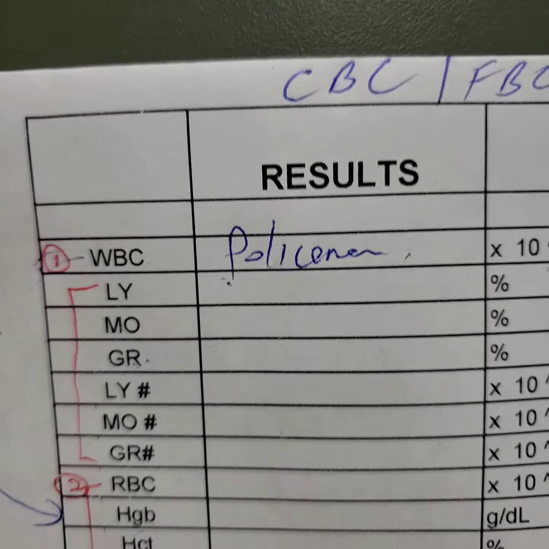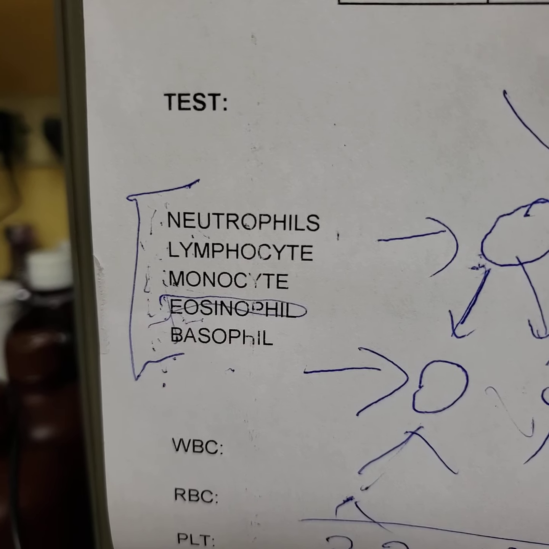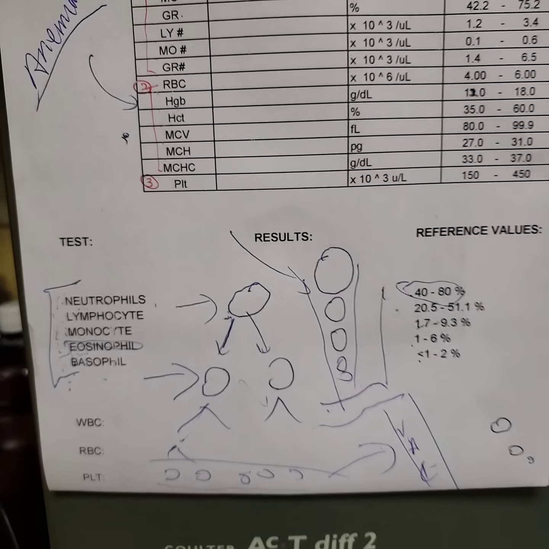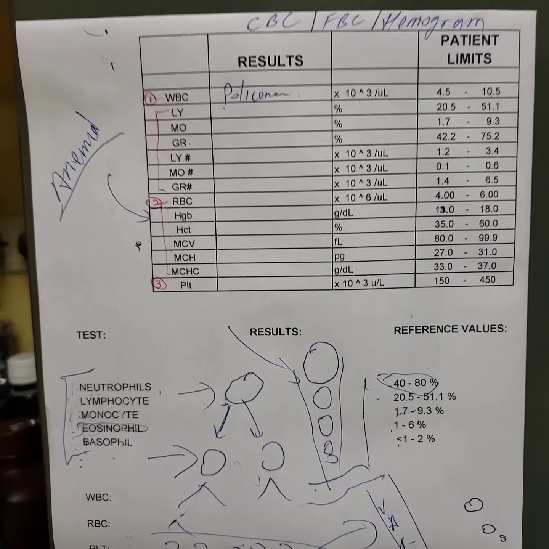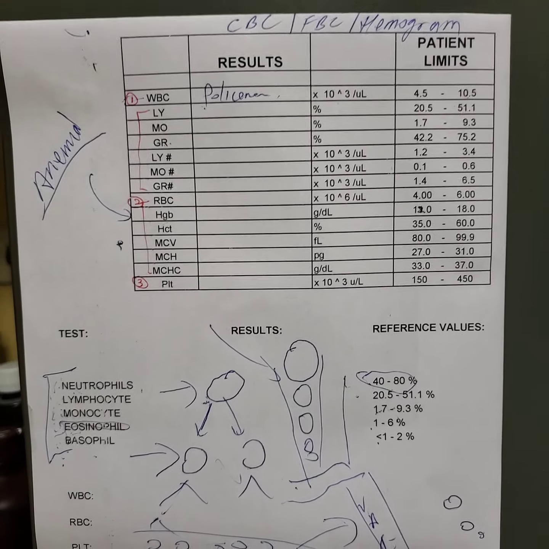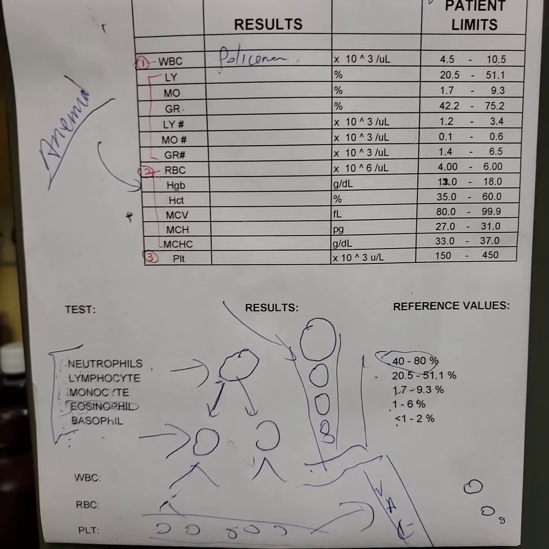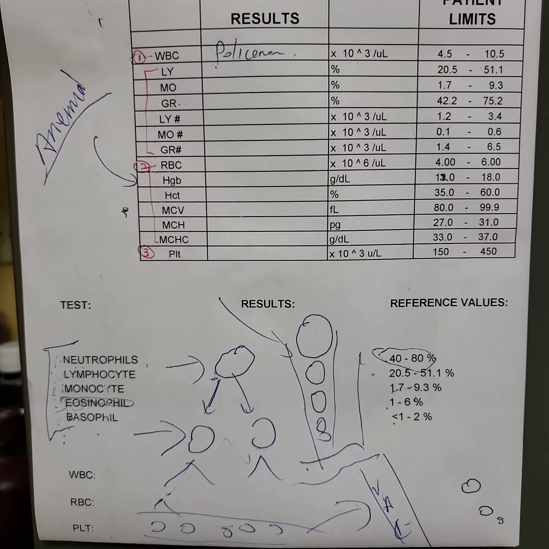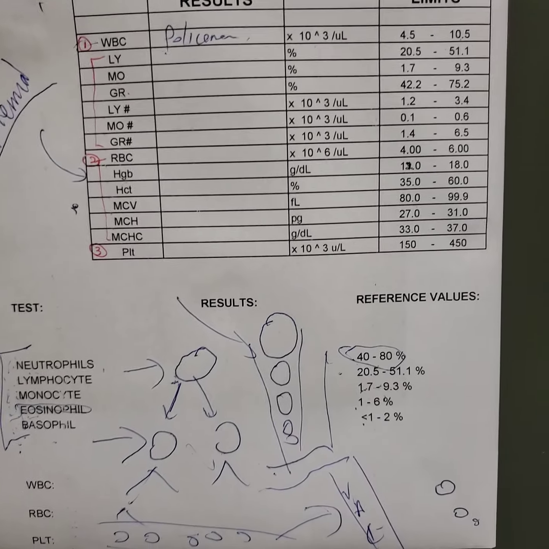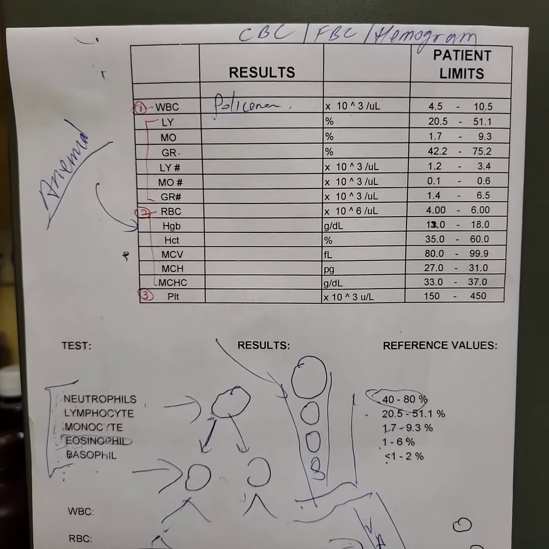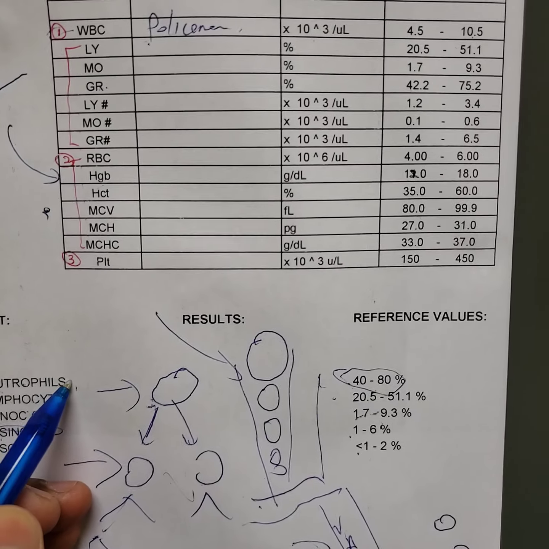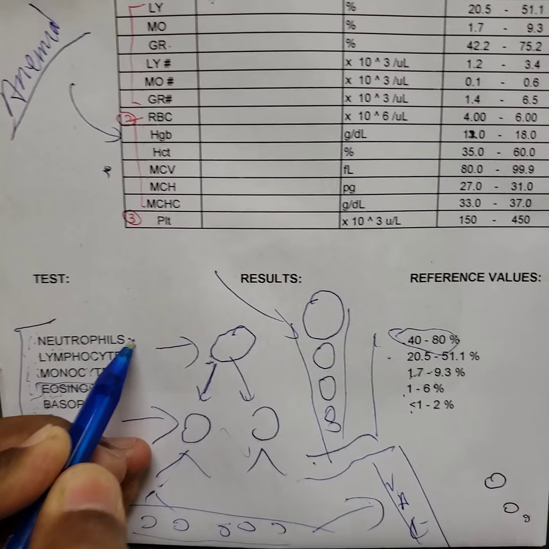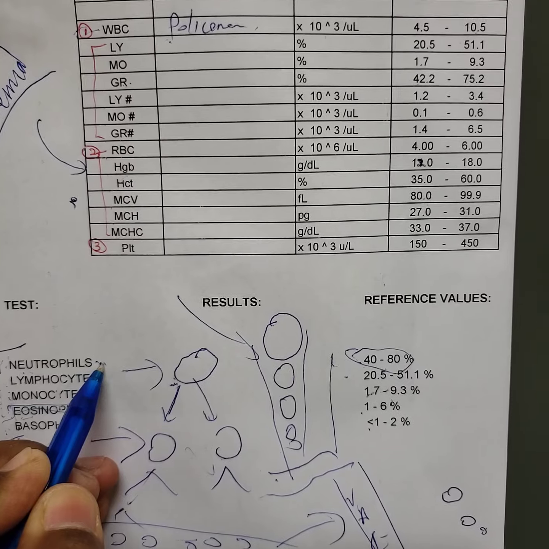White cell count: policemen, 5 different types of policemen with different jobs, and these different policemen are produced in a normal patient differently based on the type of criminal activity that is being done. A patient with a diabetic ulcer or an infected wound from a bacterial cause will more than likely have an increase in neutrophils, because his job is to phagocytize, or to engulf, or to eat bacteria.